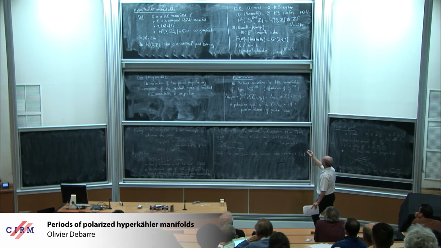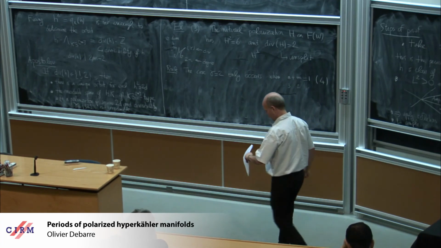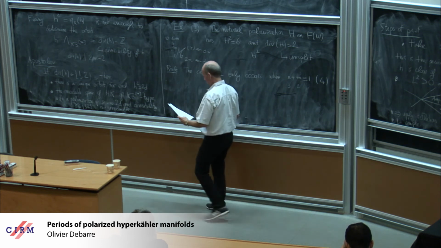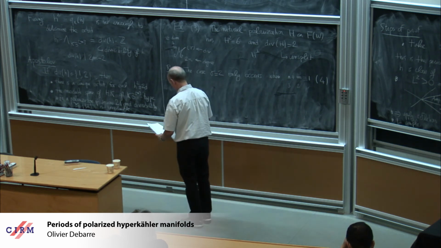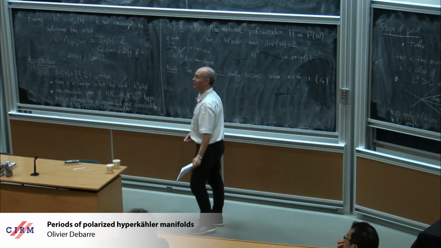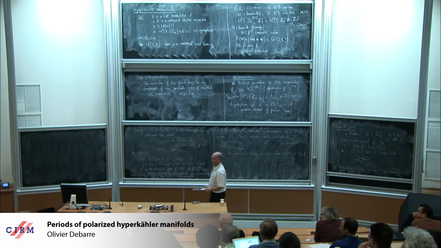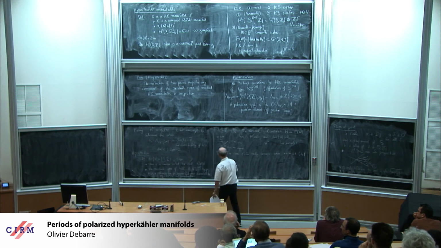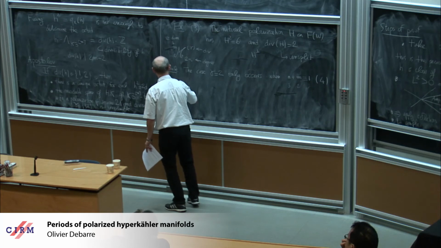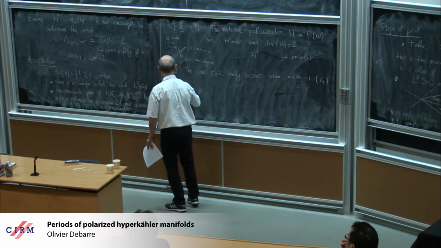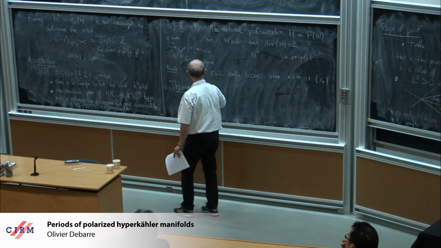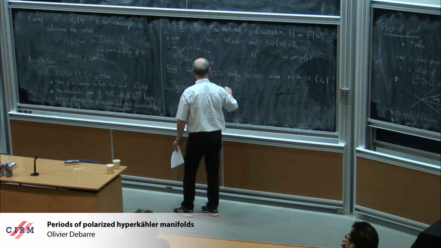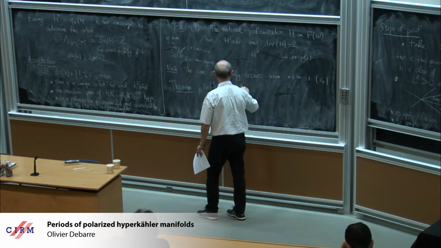The period map has now gone out of the picture, but I only have 10 minutes, right? I need to be a little bit quicker. Let me mention a theorem. I'll just restrict to this case here, which is due to Verbitsky and also Markman.